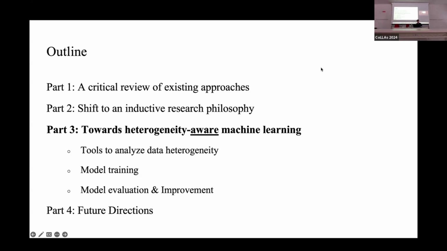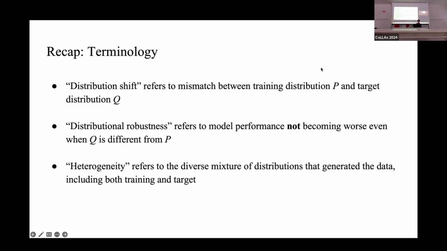Let's move on to our third part, toward heterogeneity-aware machine learning. This is the main part of our tutorial, because part 1 and part 2 are both about some preliminary literature. Here is a recap of the terminology.